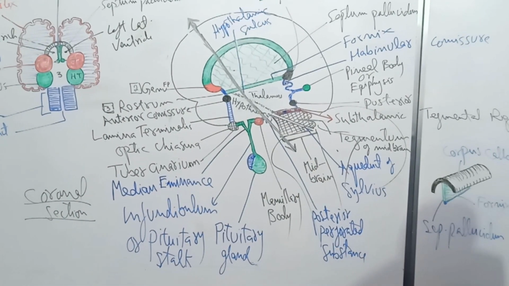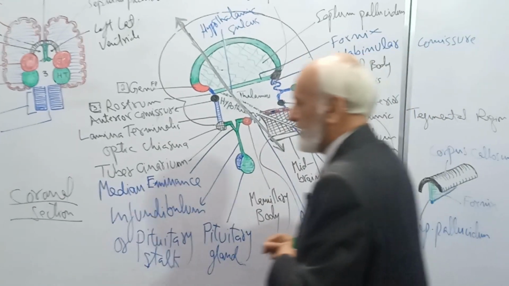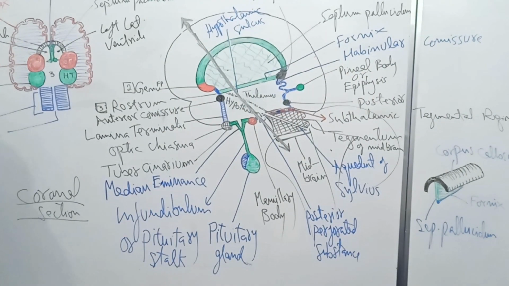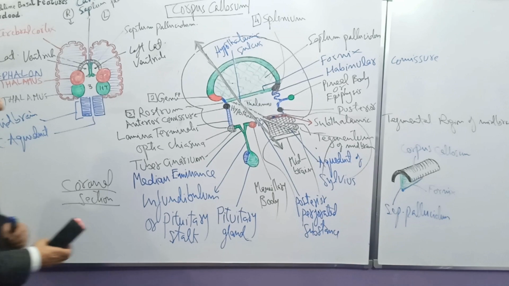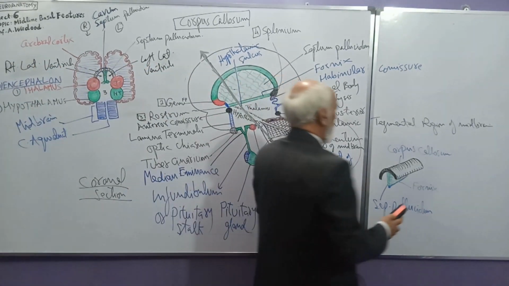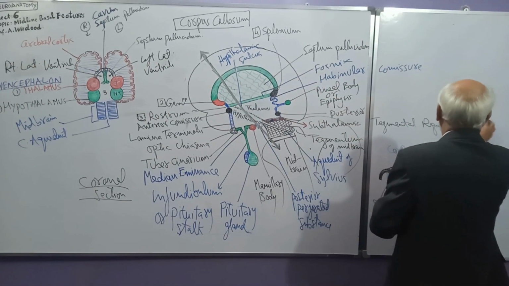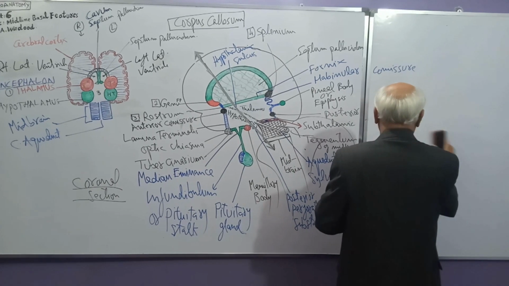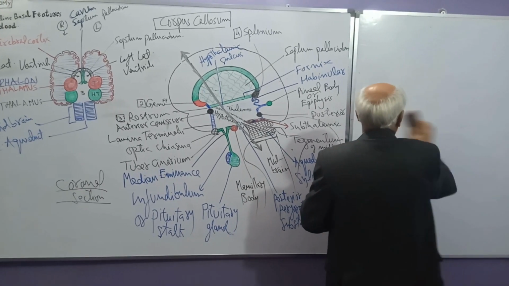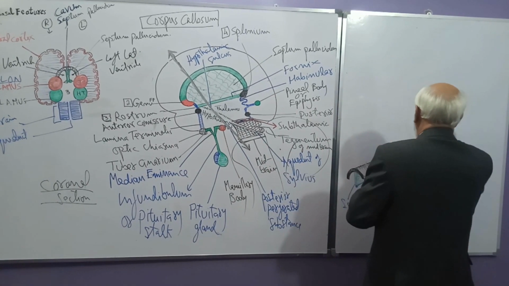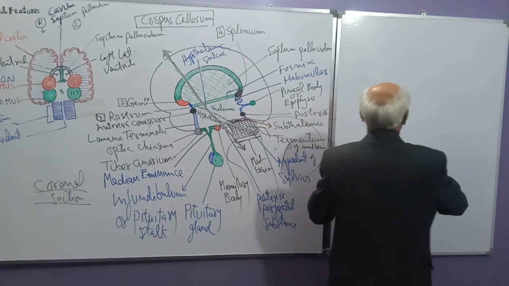Now, midline structures on the basal surface of the cerebral hemisphere. If we examine the basal surface of the cerebral hemisphere, what will be the midline structures? For this, we will draw the basal surface.